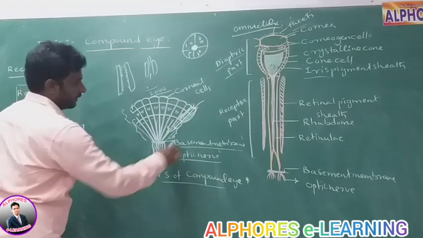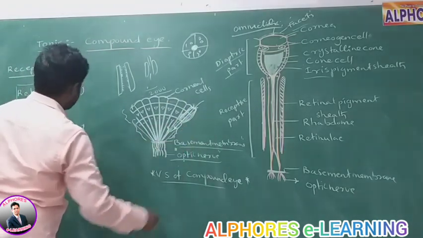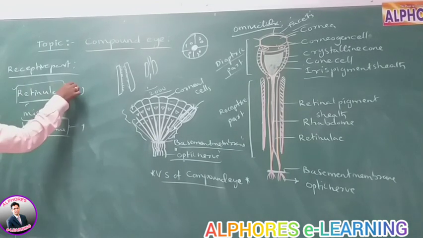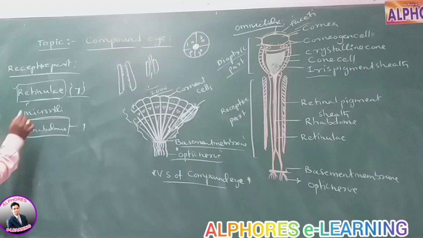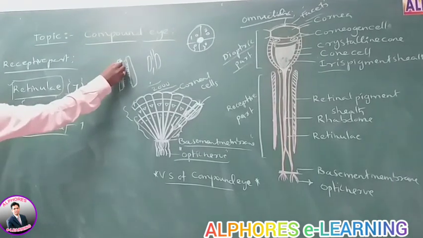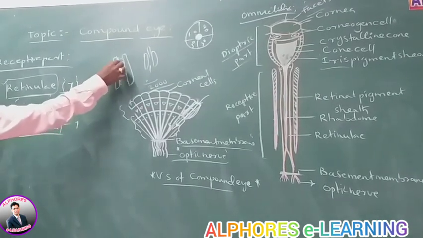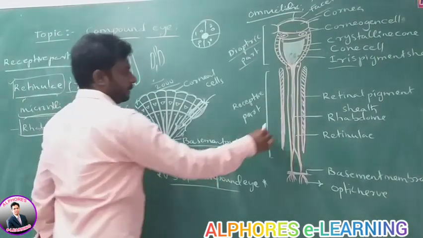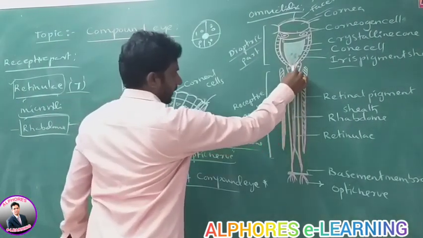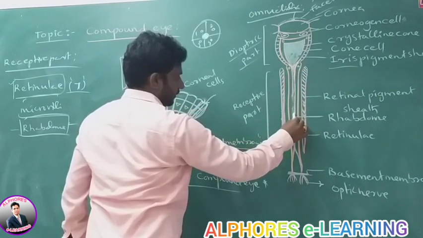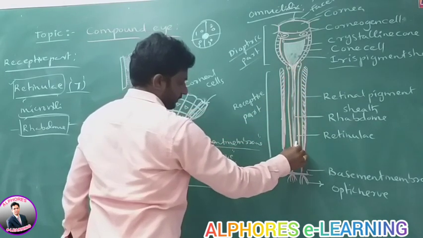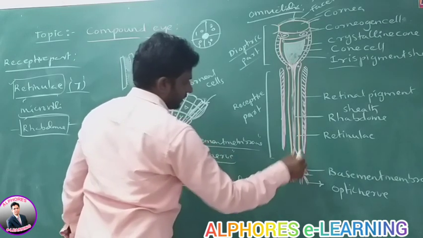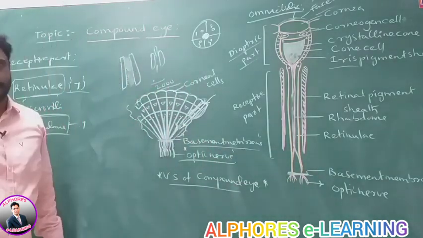This is the second part, the receptive part. What are the components present in the receptive part? Retinulae, 7 retinular cells. The inner side of each retinula consists of microvilli that form a structure in the center which is called rhabdome. The rhabdome is surrounded by 7 cells, and all these retinular cells are resting on a membrane called basement membrane.